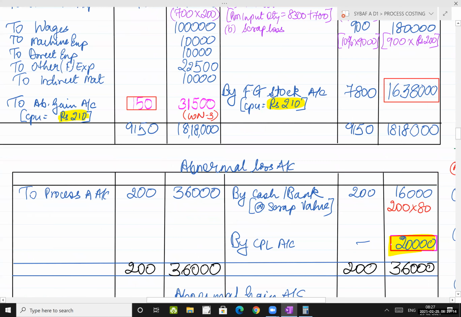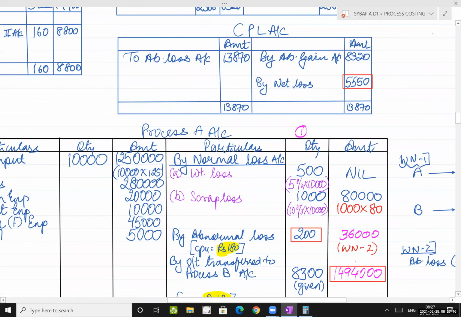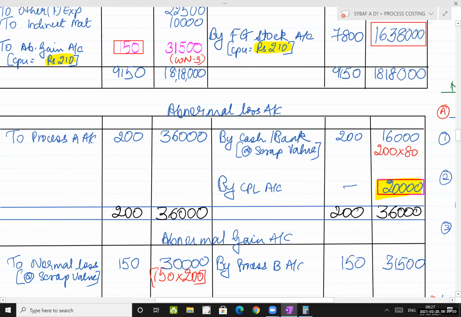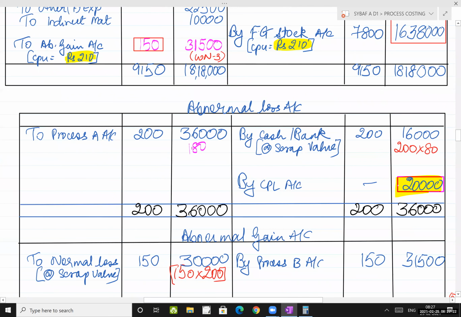What was our first CPU? 180. Sorry, 180. Cost price was 180. Okay. And next assumption, it is saleable, realizable.